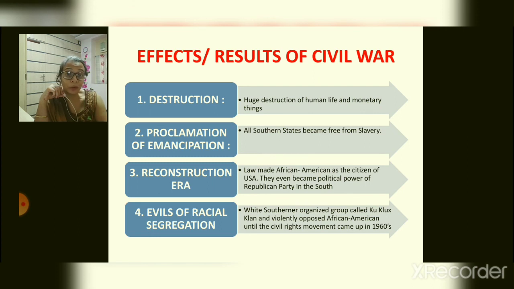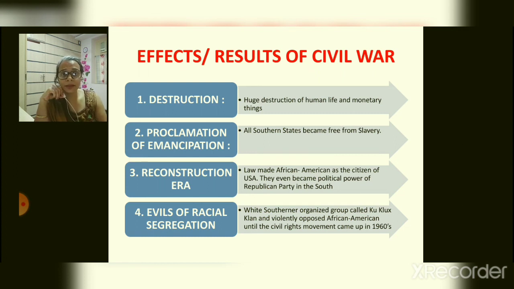Ku Klux Klan, yes. Funny name, but anyway, they were so violent that they violently opposed the African Americans, and they used to beat them, hit them whenever they were not happy, and it was bad in that way also. It was against the law.